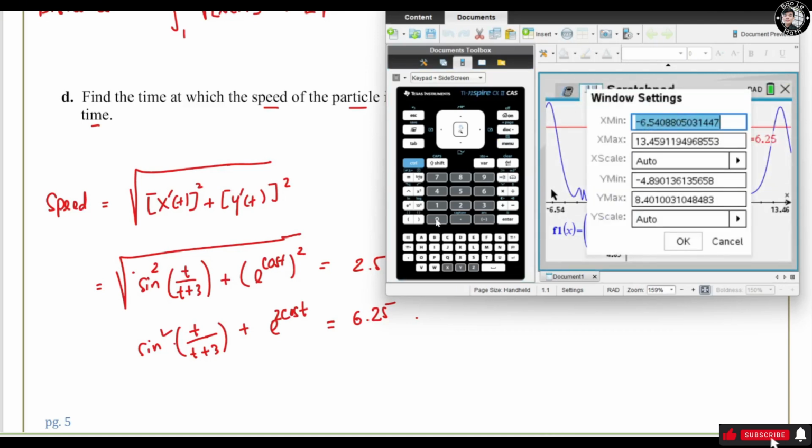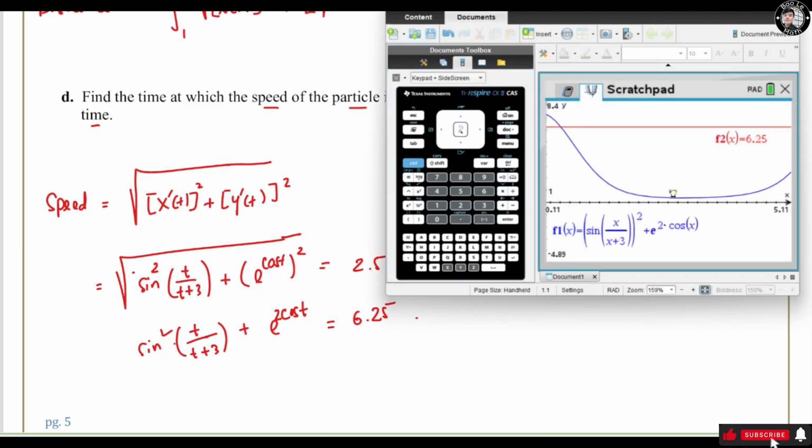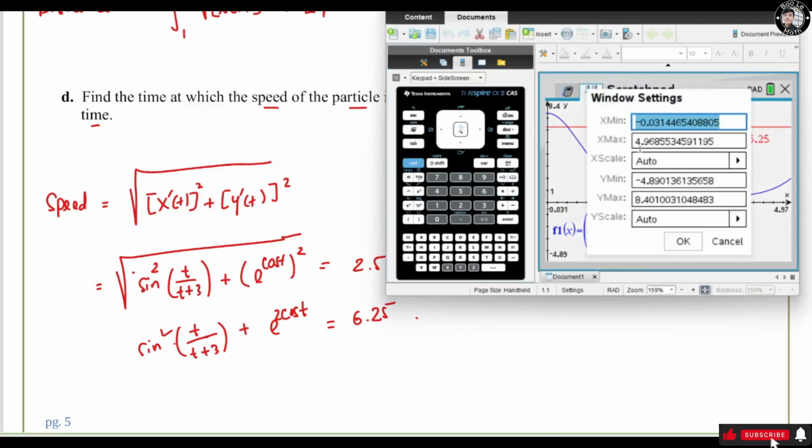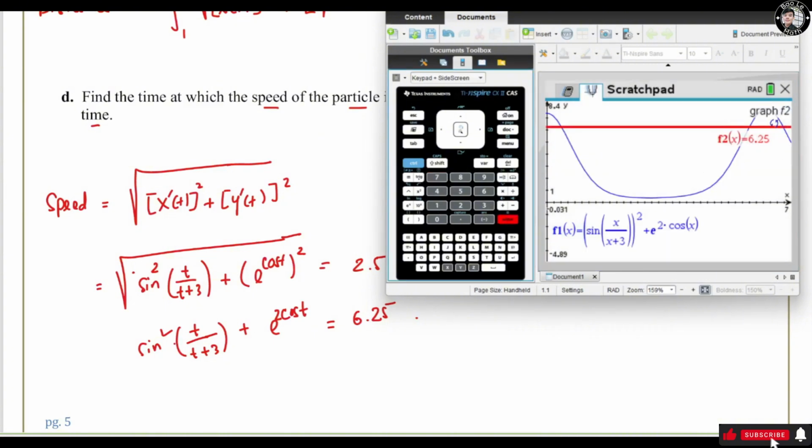X min is 0, X max is 5, right? And then press enter. Now we couldn't see the intersection on the right hand side, so we need to go to menu, window zoom, window settings right here. We just put Y max as like 7. Alright, press enter, it's going to be right here.